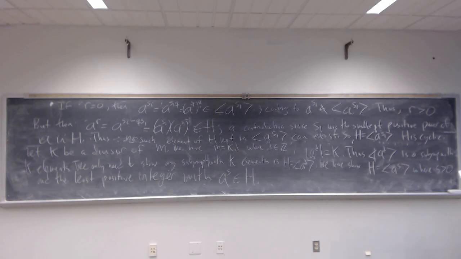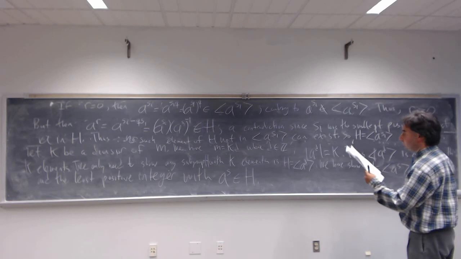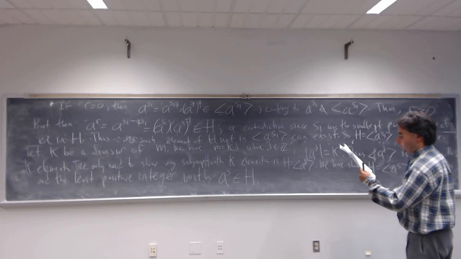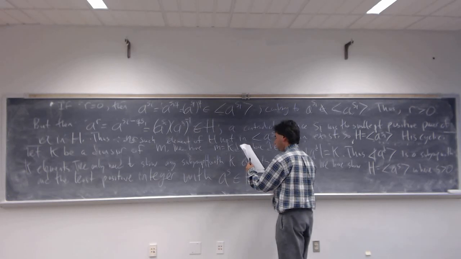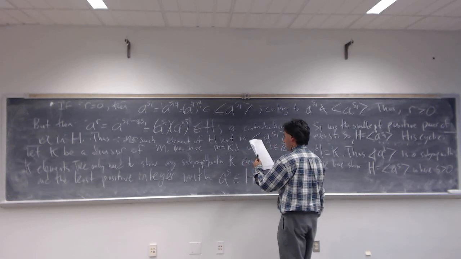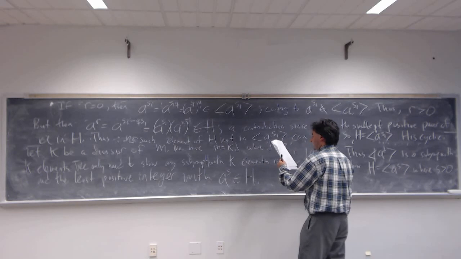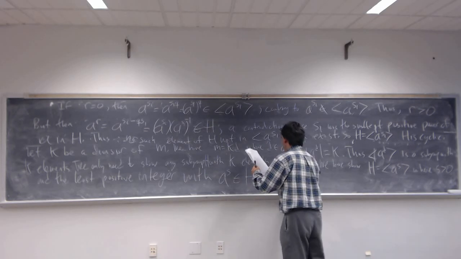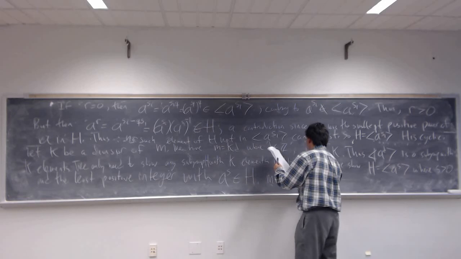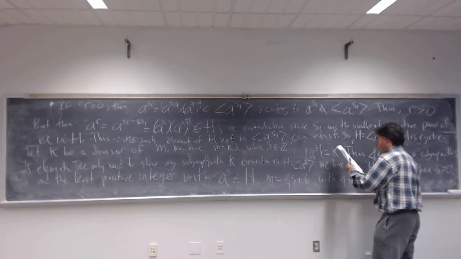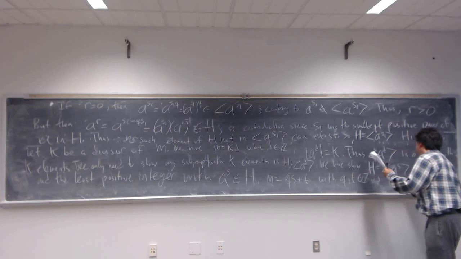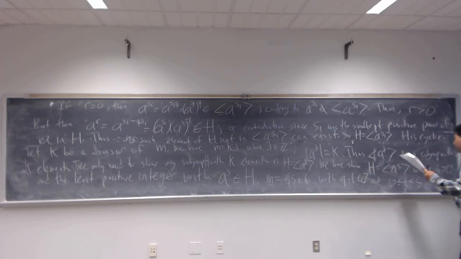So every element of G is either the identity or A squared all the way up to A to the M minus 1. So what do we have then? Let's again use the division algorithm: M equals QS plus T with Q and T integers, and T is greater than or equal to 0 and less than S.